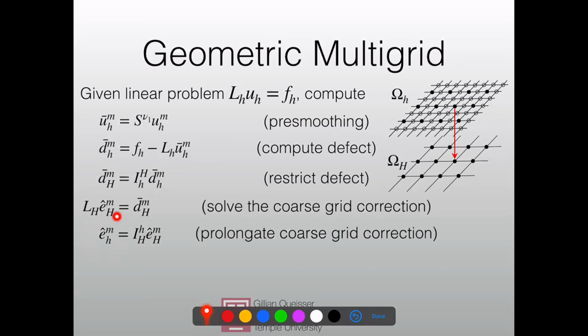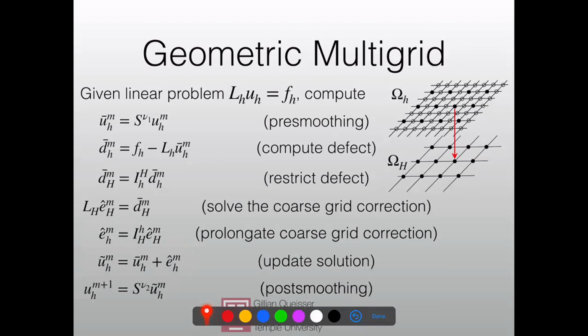And then we update our current iterate with the coarse grid correction, producing the solution u tilde, to which we apply another post-smoothing step on the fine grid. So the geometric multigrid approach consists of a smoothing operation on the fine grid and a coarse grid correction.